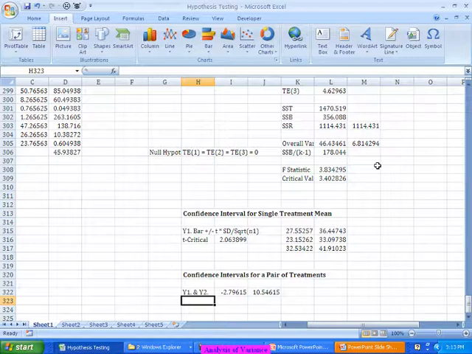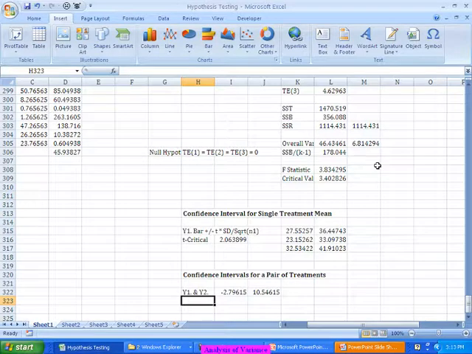And because the interval contains 0, we cannot say that there is a significant difference between 1 and 2. We cannot conclude any kind of significant difference between 1 and 2.